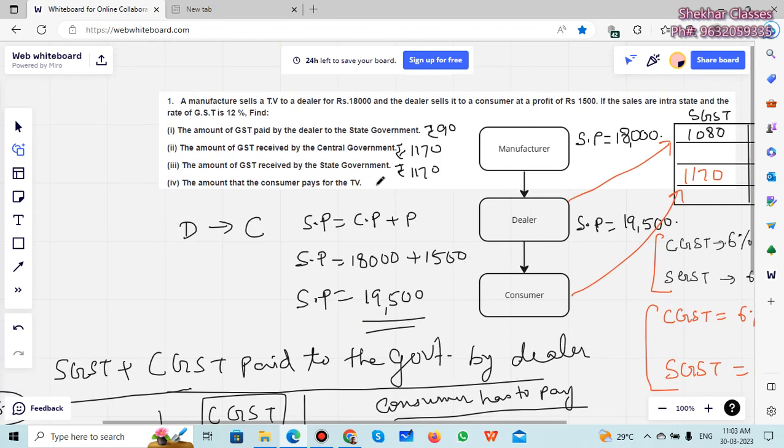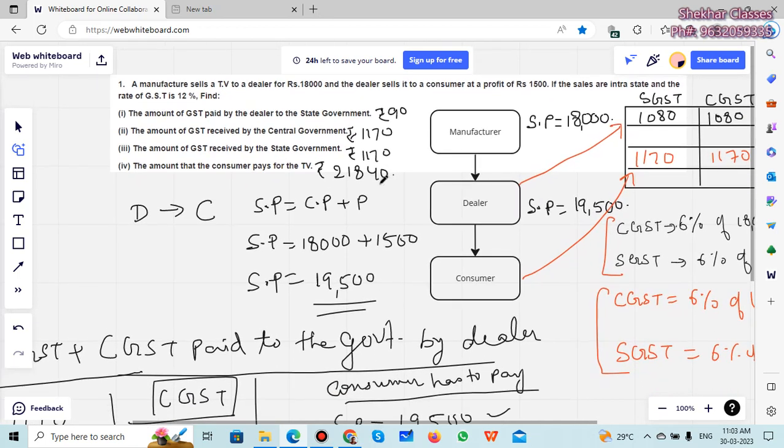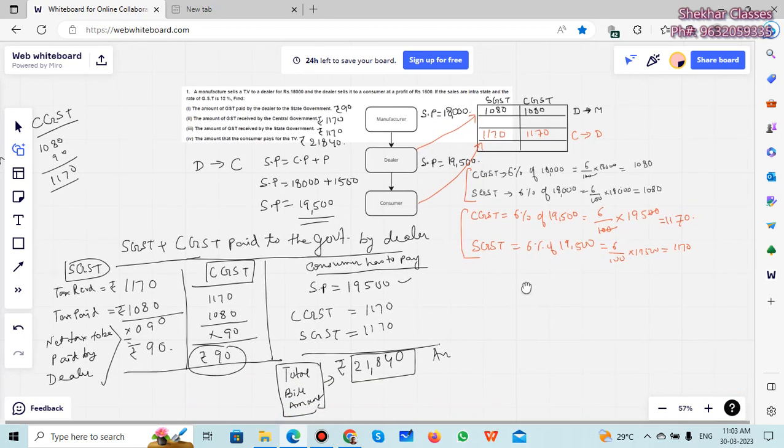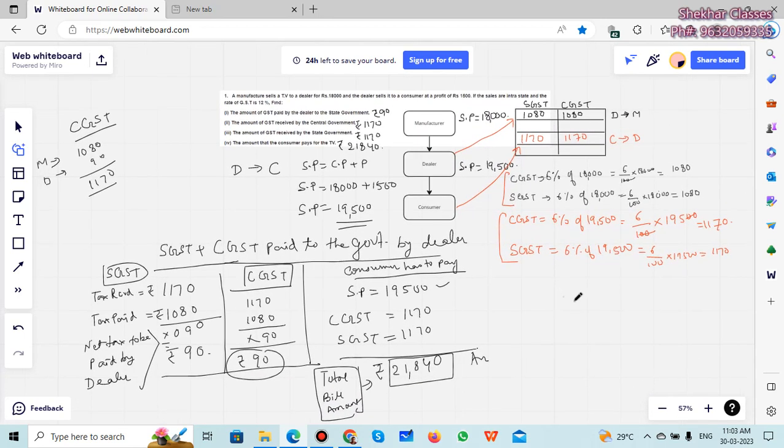Okay. So these are the answers. I hope you have understood this. Basically, all the calculation you can see in the single frame here, but you need to understand the concept.